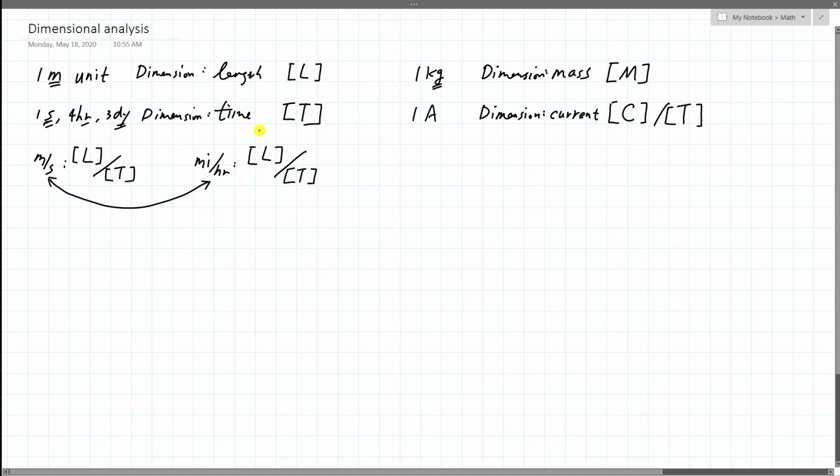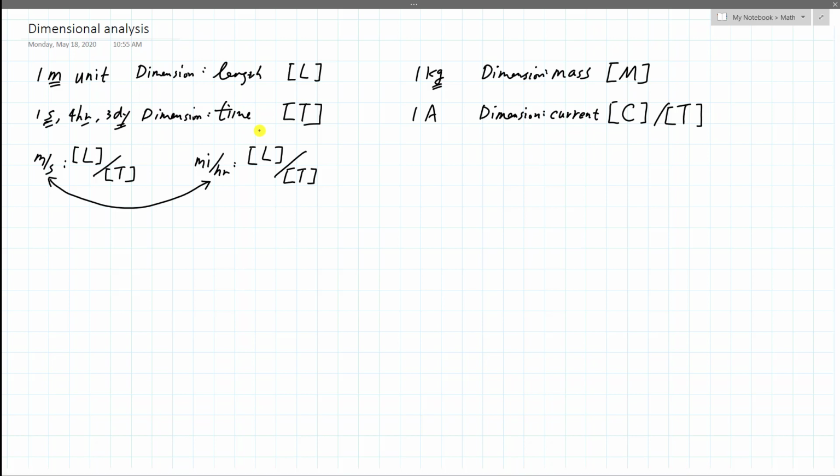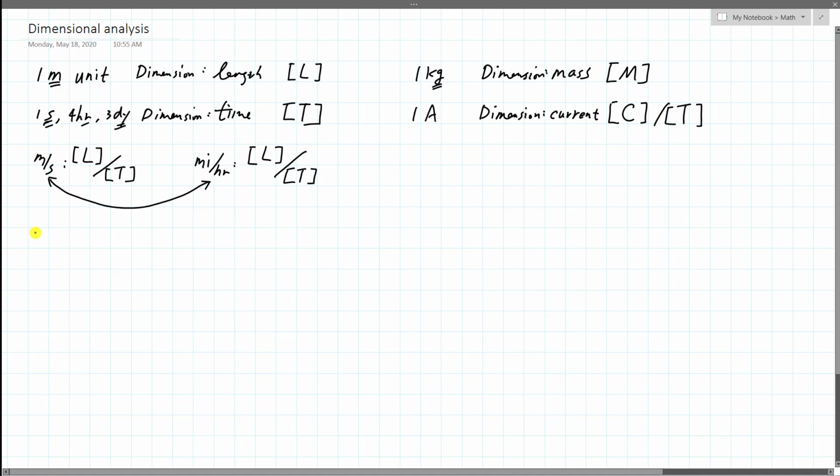So let's take a look at an example of an equation. So here we have an equation. It spells x equals x0 plus v0t plus 1/2 a t squared. And let's say that x and x0, these are in meters. So they are length units.